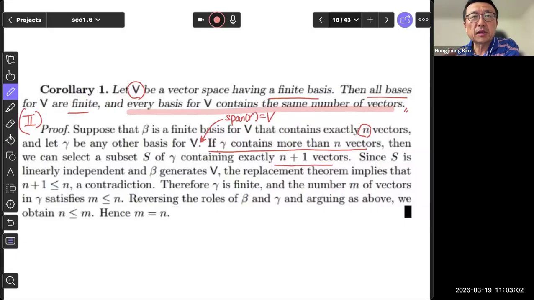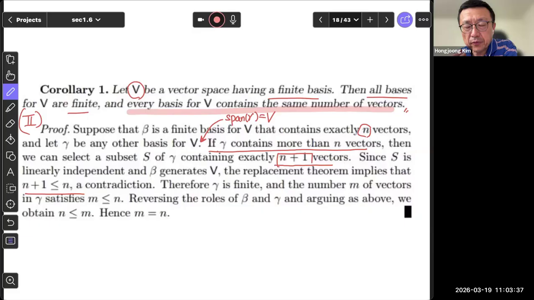And since S is linearly independent and beta generates V, the previous theorem implies that, is that correct? We have n plus 1 vectors in this subset S. But beta generates V, right?